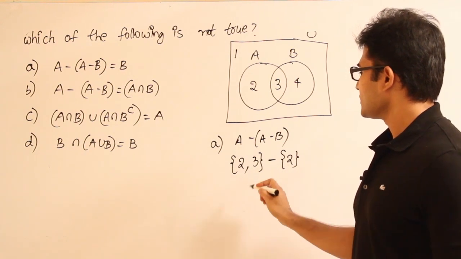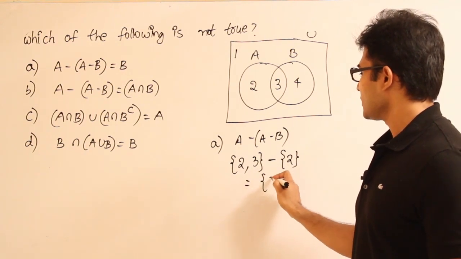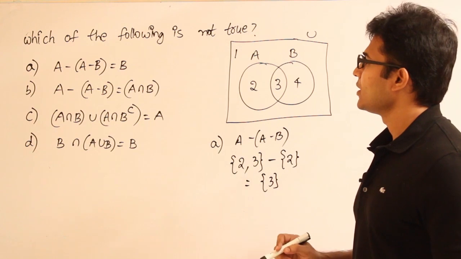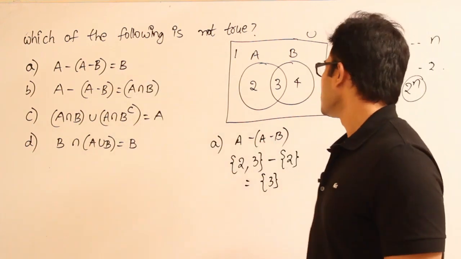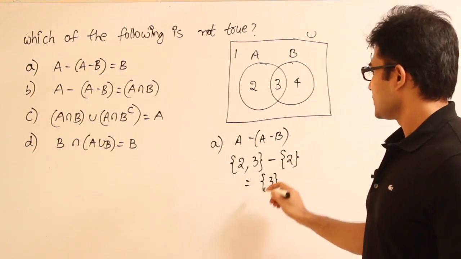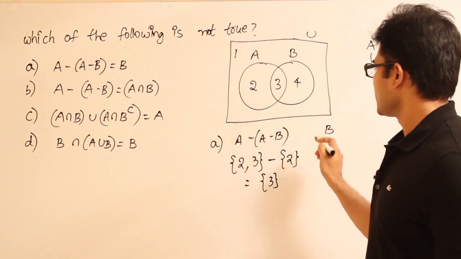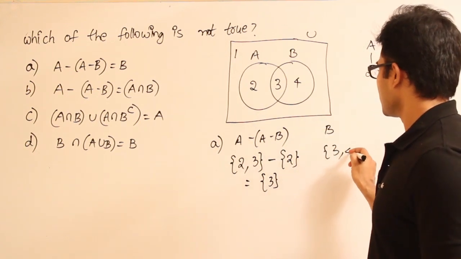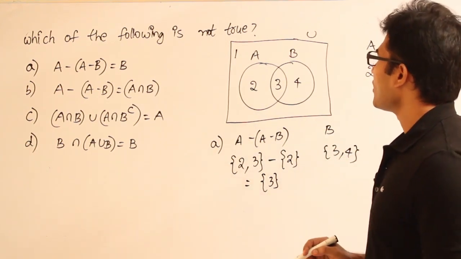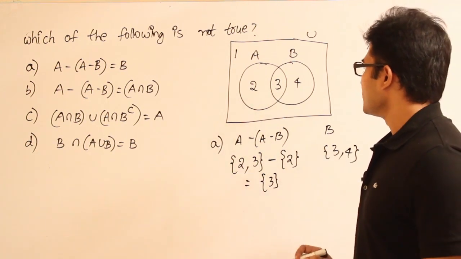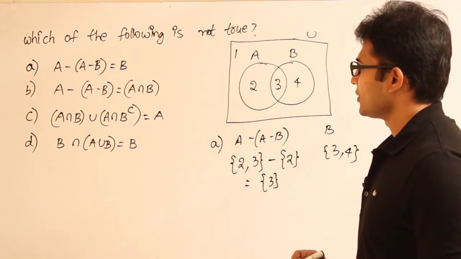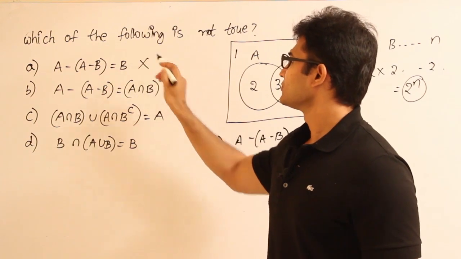And what about B? B is the RHS, right? B is 3 and 4, isn't it? So here you got LHS equal to 2 and RHS equal to 3 comma 4. So this is not true.